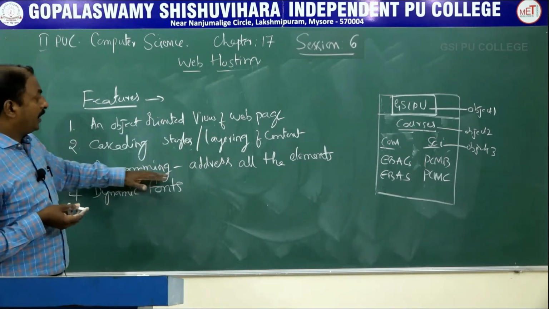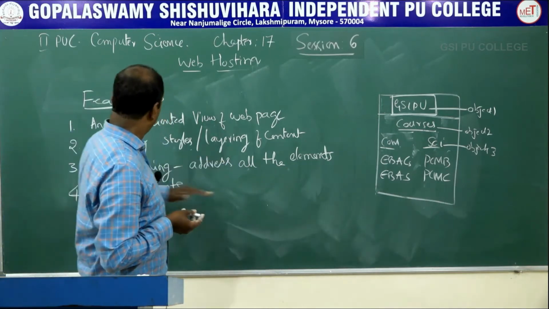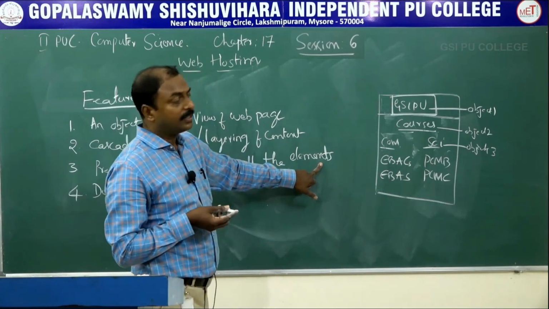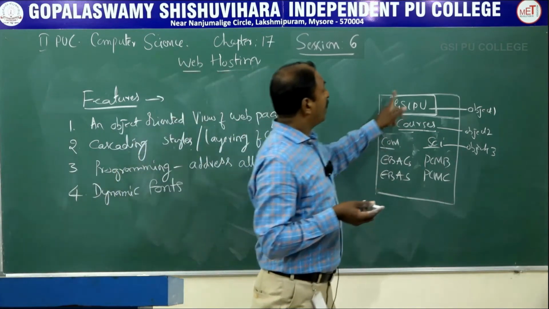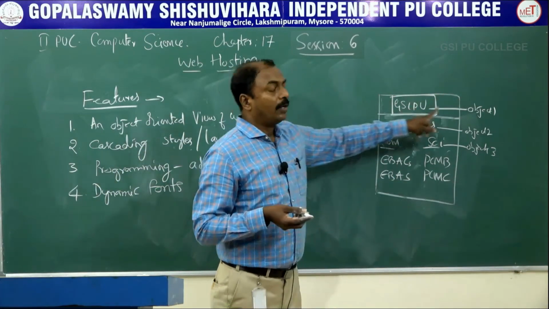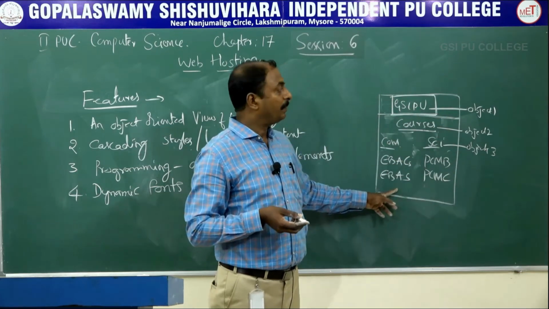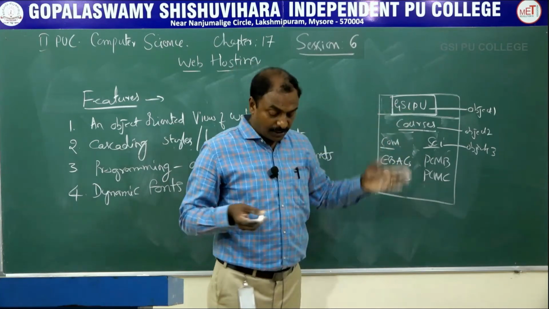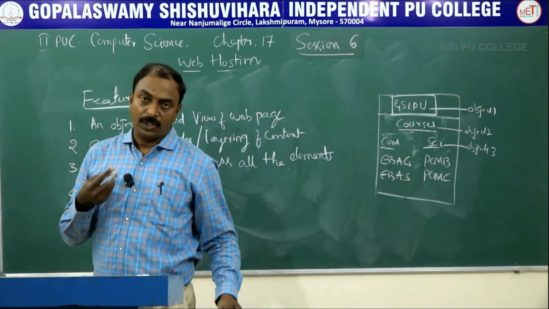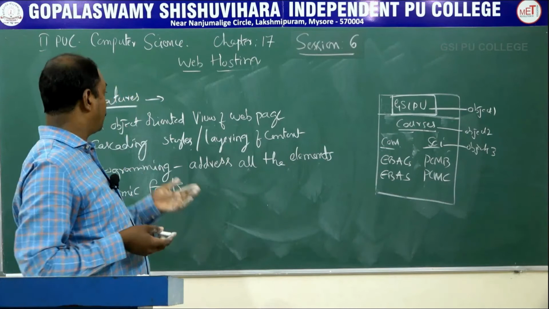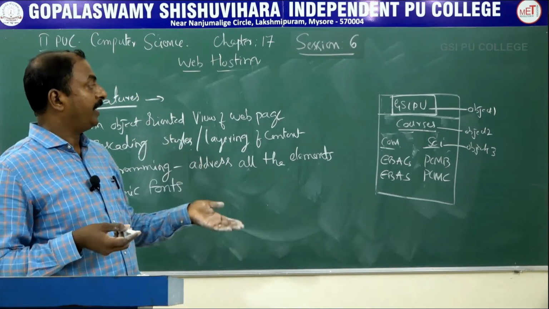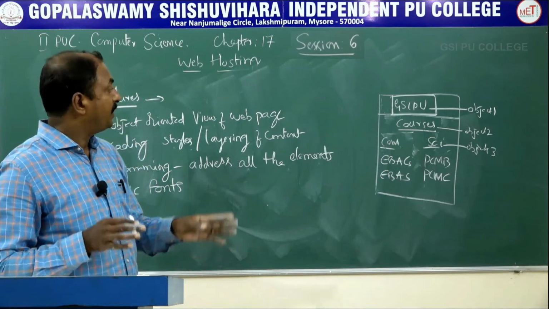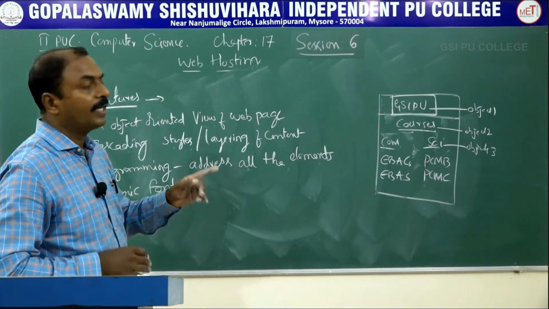Next, programming which is going to address all the elements of the website. Anything on the website is called an element of the website. For example, this heading is an element. If you want to have an image, it is one of the elements. Your headings, any source of information on the internet, maybe within the website, are termed elements.